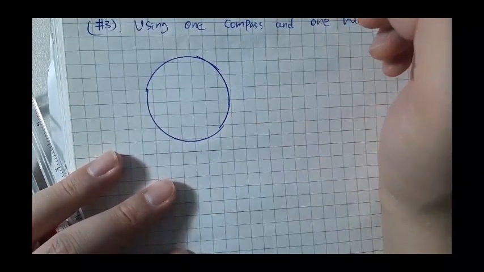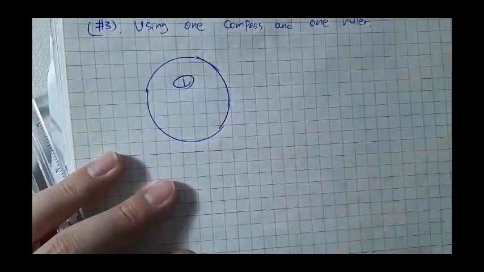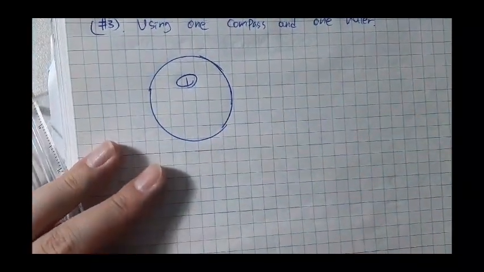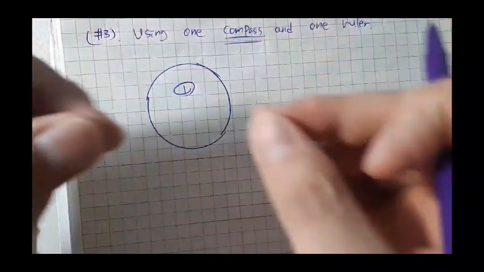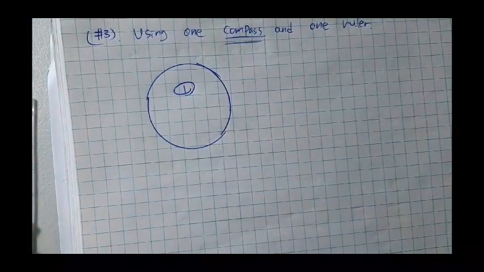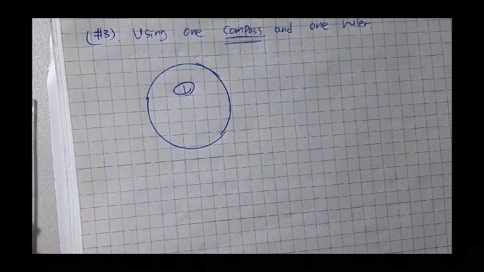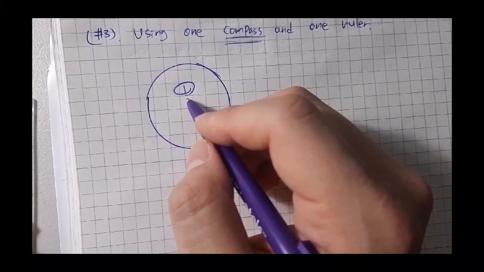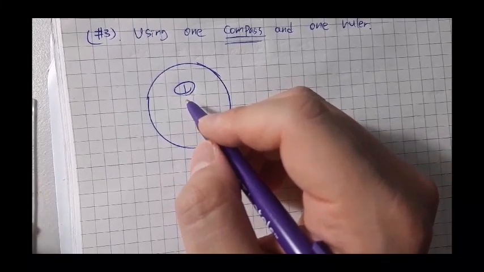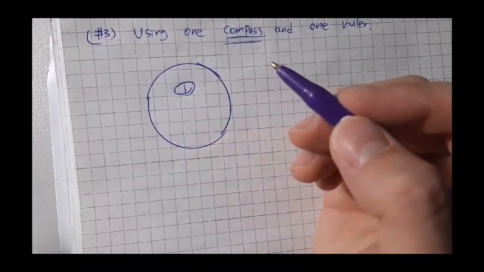Now, your first job is creating this one circle. Now, know the fact that when it comes to the compass method, you can basically control the size of it. What I mean by that is control the size of the circle. But after you create this circle, you cannot change the shape of that circle. So what I mean by that is this.